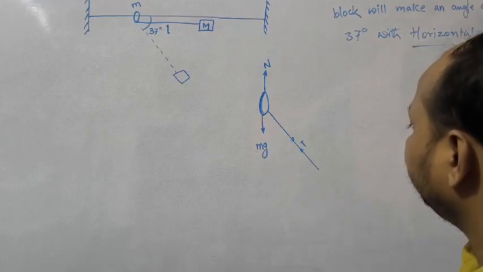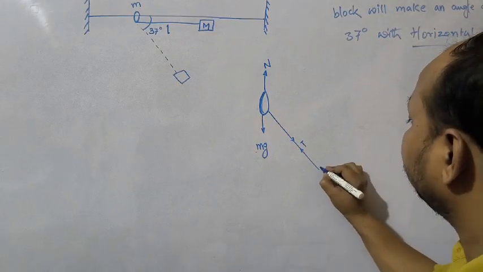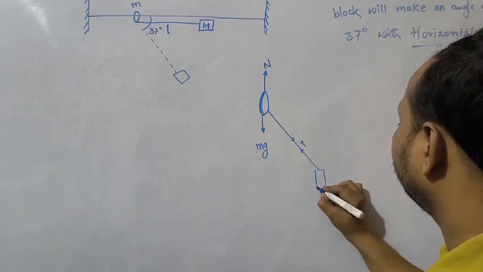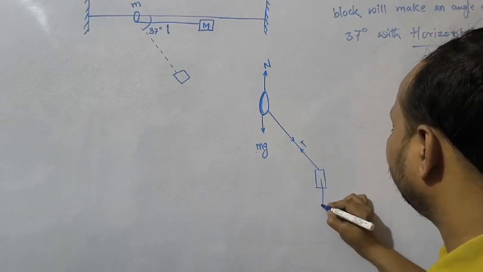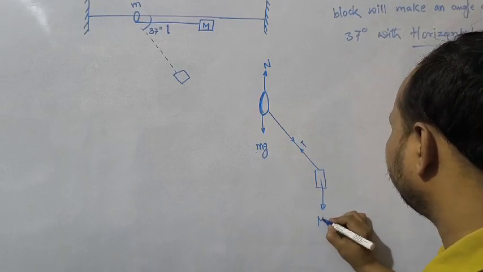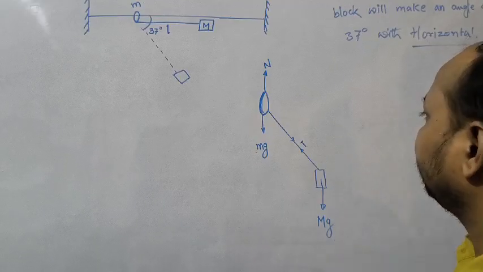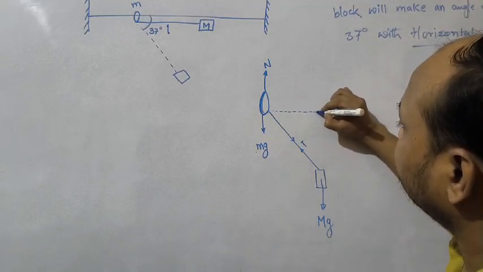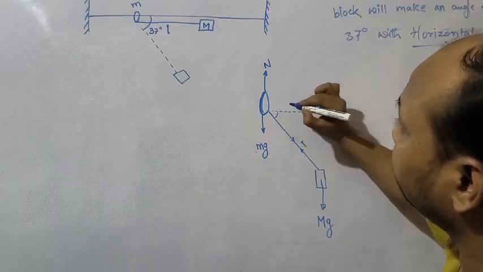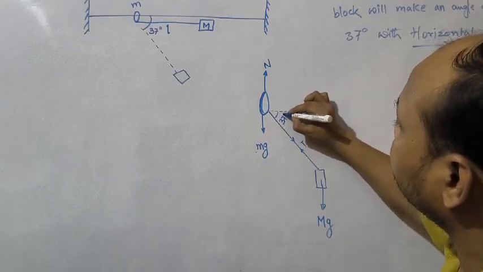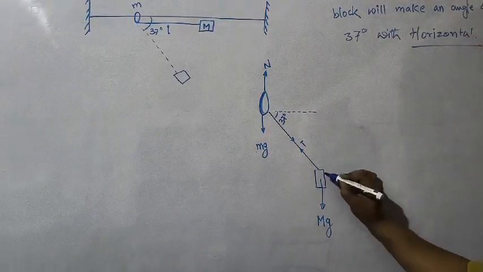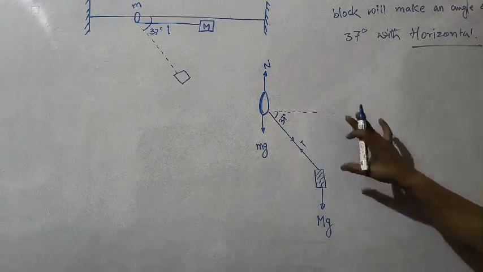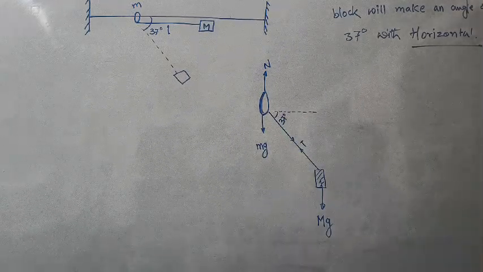This is also T, and there is a block. So mass of the block is capital M, so Mg, I think. Okay, this angle is 37. Yes, I think this is the required FBD for the system of bead and block.